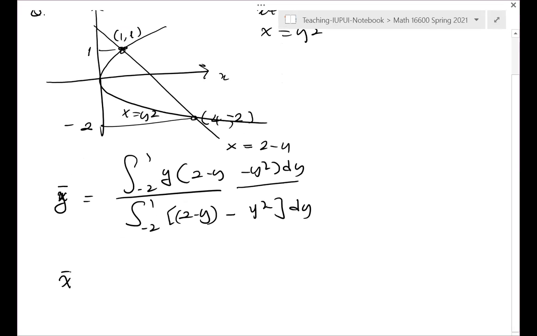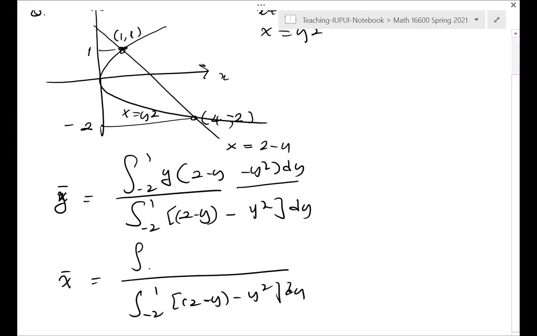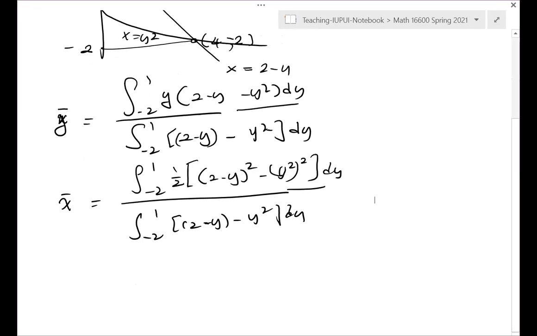Now, if you really want to find x bar, still use the y variable. The bottom part is still the same. The top part will be half of the first function squared minus the second function squared. So if we can write down those two, then you solve the problem.